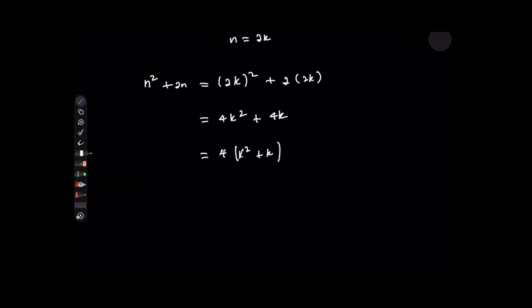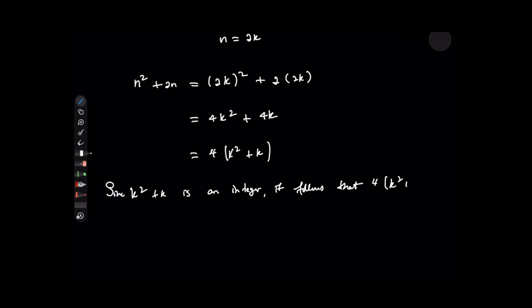Now, since k is an integer, then its square is an integer, and the sum of integers are integers. So you would write that first, and then you would say then since k squared plus k is an integer, it follows that 4 into k squared plus k is even.